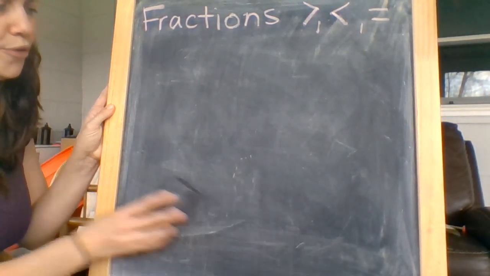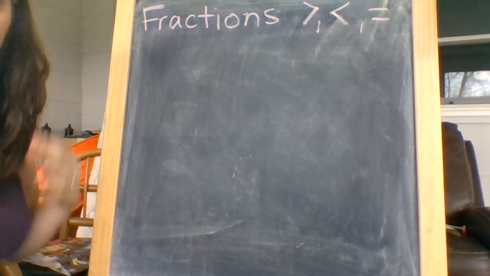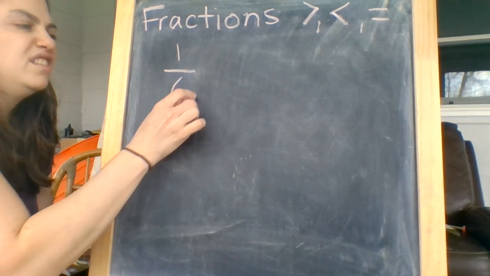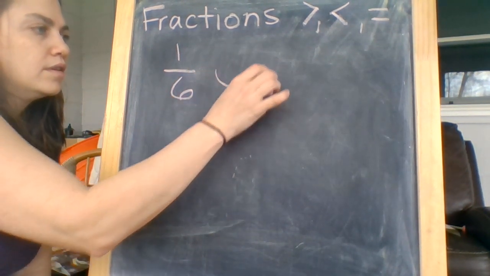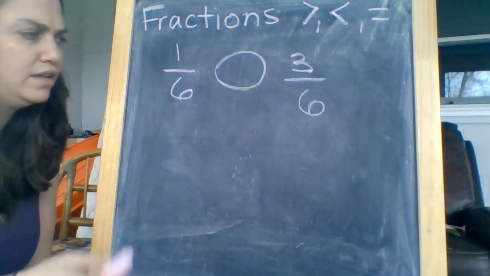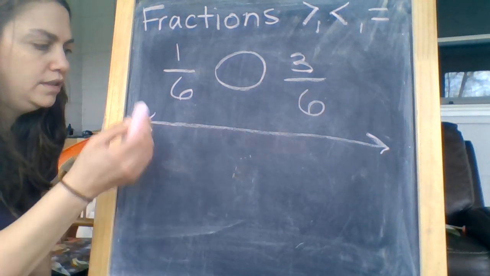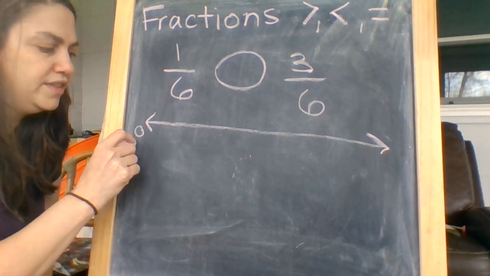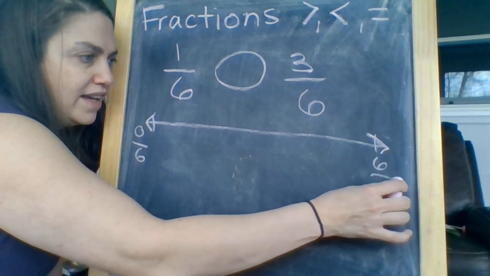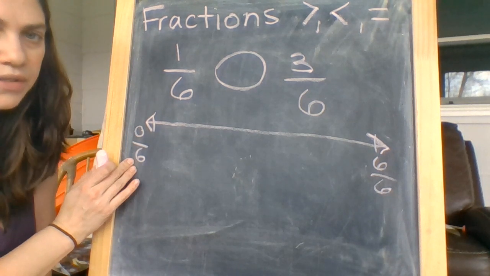So I'm going to show you both pieces of justification, both ways to clarify it, and you decide which one you like better. Let's compare 1/6 to 3/6. So I'm going to start with my number line. Here I'm going to put 0/6 at the start. And at the end I'm going to put 6/6 because a whole is 6 out of 6. And if I don't have any, it's 0/6.